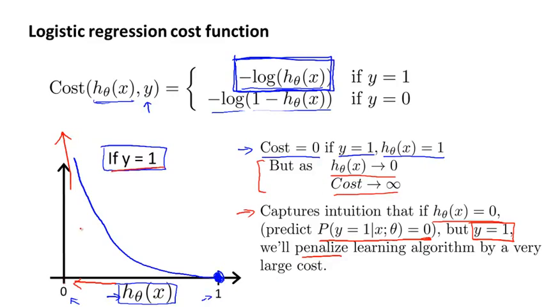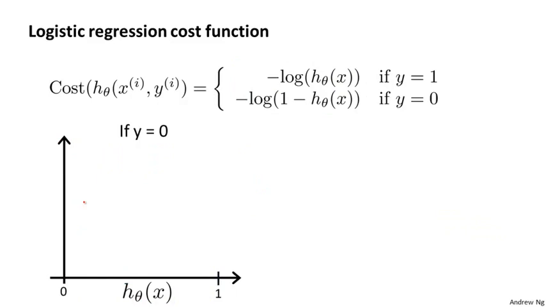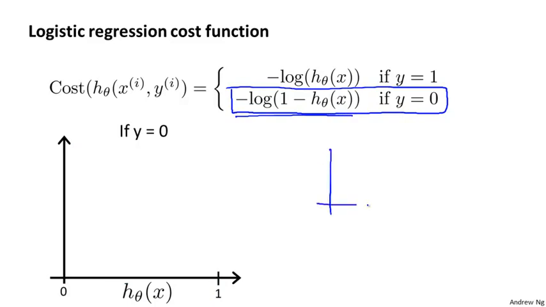This slide considered the case of y equals 1. Let's look at what the cost function looks like for y equals 0. If y is equal to 0, then the cost looks like this expression over here. And if you plot the function minus log 1 minus z, what you get is the cost function actually looks like this. So it goes from 0 to 1, kind of like that.